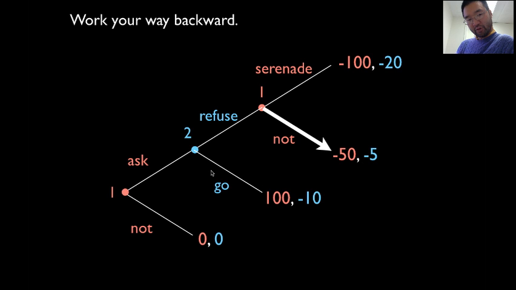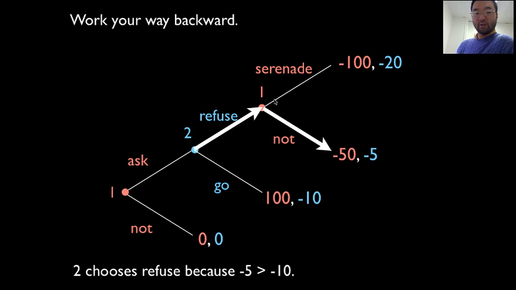So 2 is choosing between this minus 10 if 2 goes, or this minus 5 if 2 refuses. Which is bigger? Minus 5 is bigger than minus 10, so 2 will refuse. That's 2's best response.